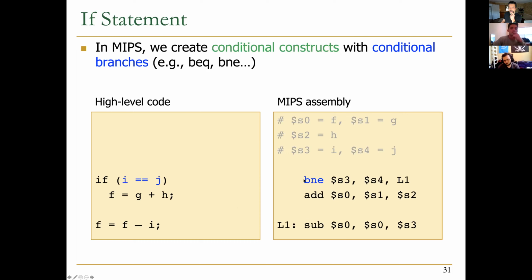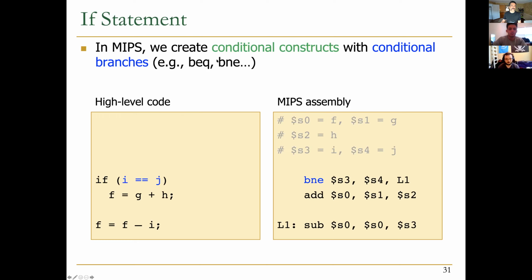So even if you don't branch here, after you execute this add, the program will execute this instruction afterward. Hopefully this is clear. So this is a way of implementing an if statement in MIPS assembly.